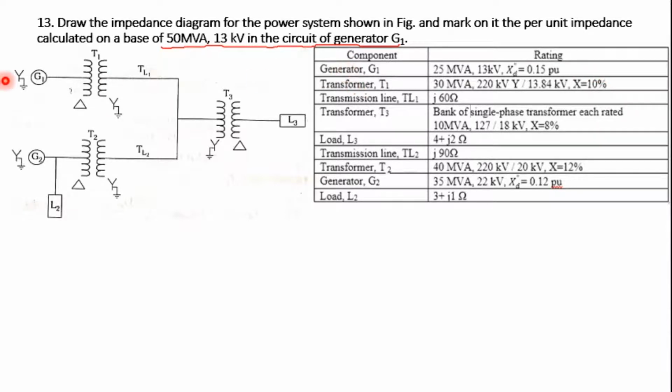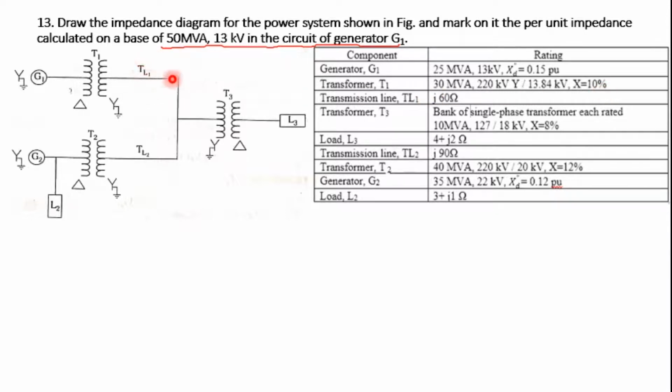Generator G1 is working at 25 MVA, 13 kV, subtransient reactance of 0.15. Transformer T1 is 30 MVA, 220 kV on the high voltage side, star connected, 13.84 on the delta side, reactance of 10%.